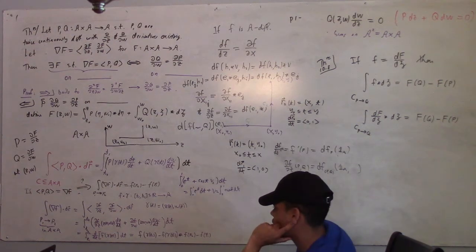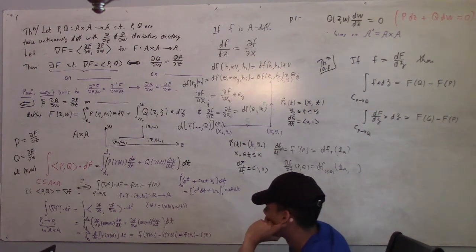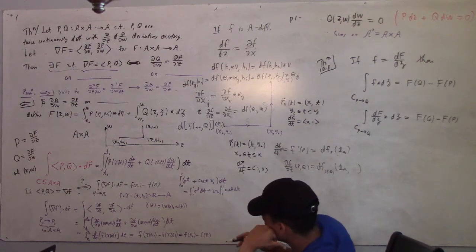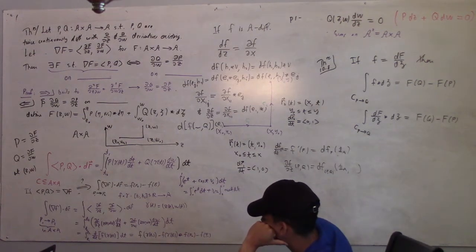So if you evaluate this, no, I don't know, that doesn't work. I was trying to say that it wouldn't matter because I think you get rid of those things. Oh wait, no, okay.